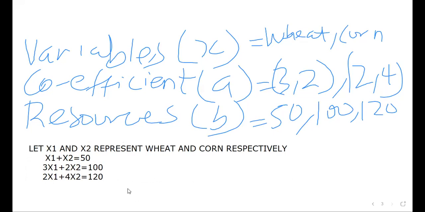Basically, this is the answer. We needed three formulations, 1, 2, and 3, because we had 3 resources.